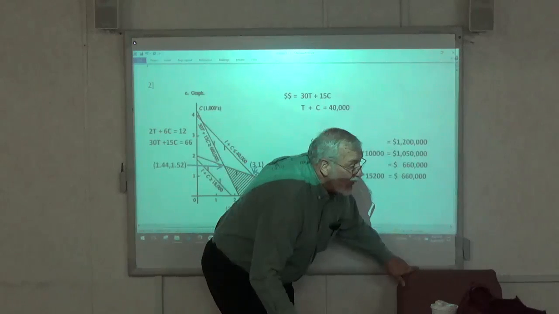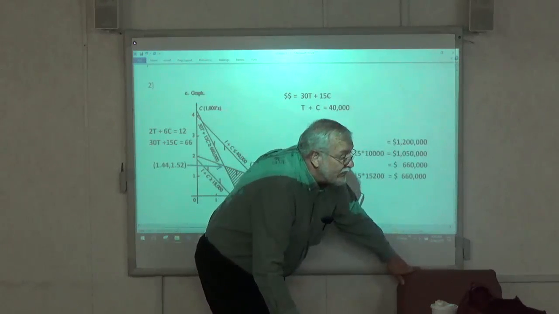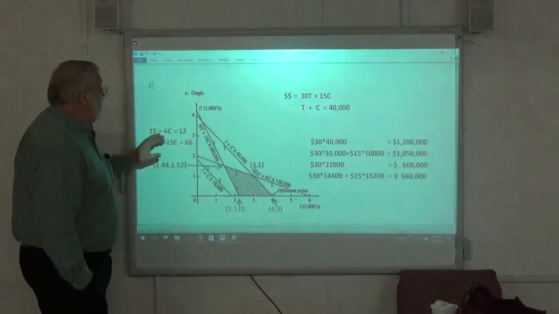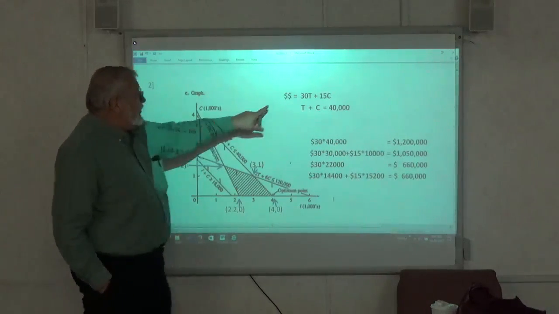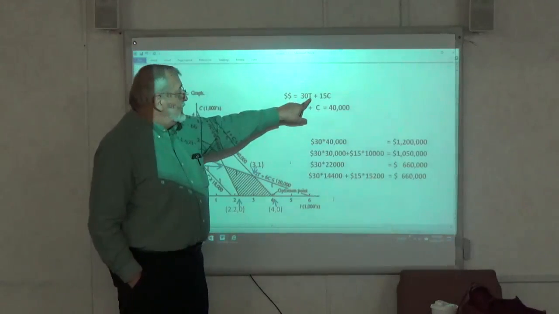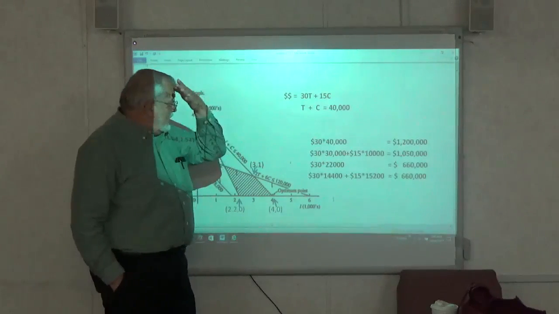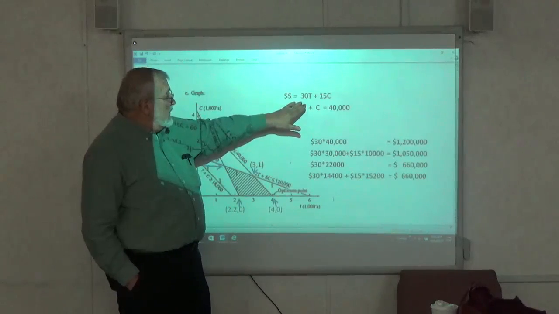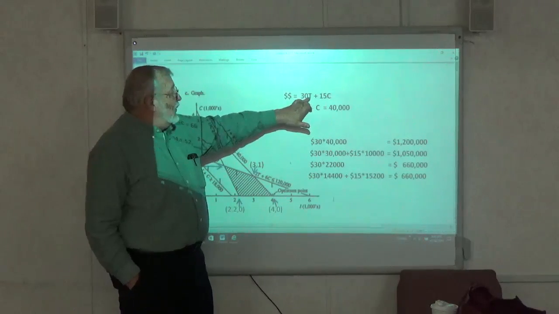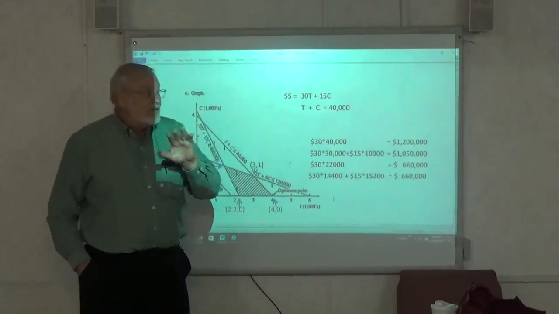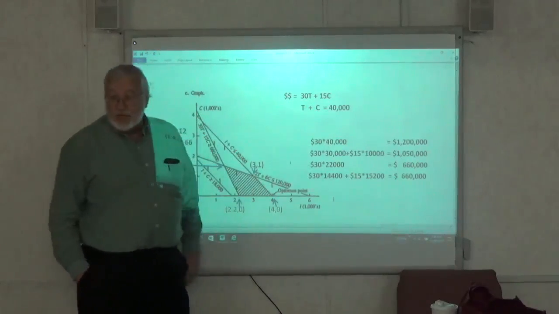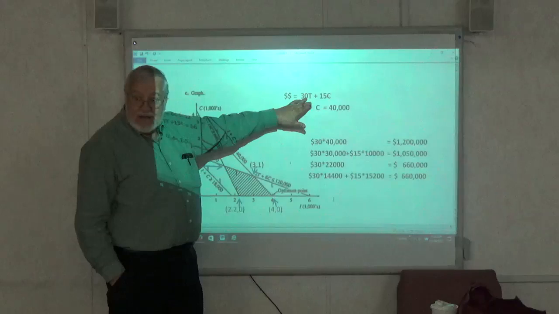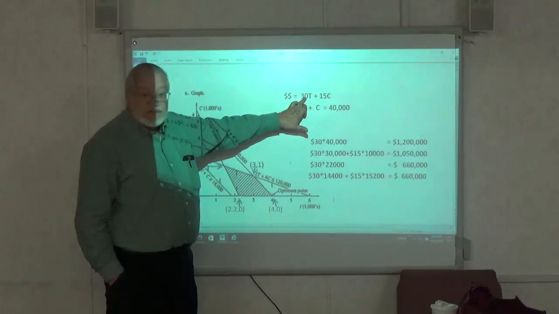All right, now this is problem 2. Problem 2 says, and I can't remember what T and C are right now. But the amount, oh, I know, this was Texas and this was California. So if you get oil from Texas, it costs you $30 a barrel.